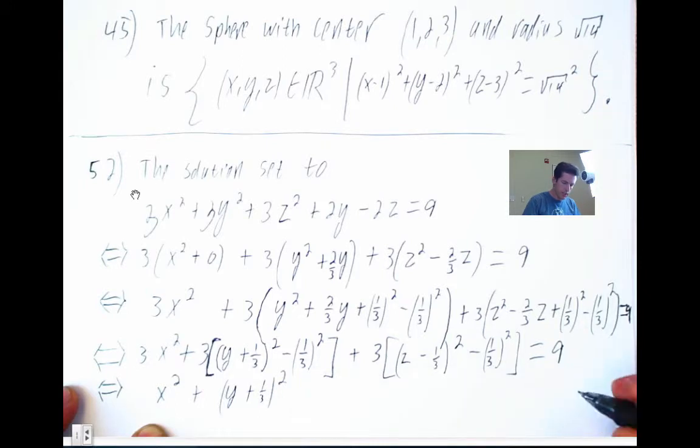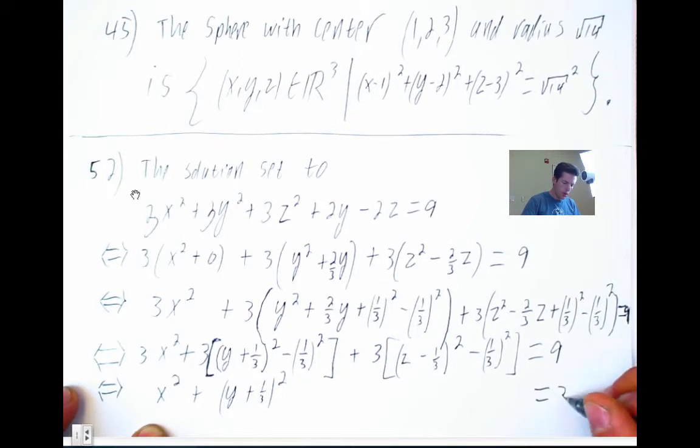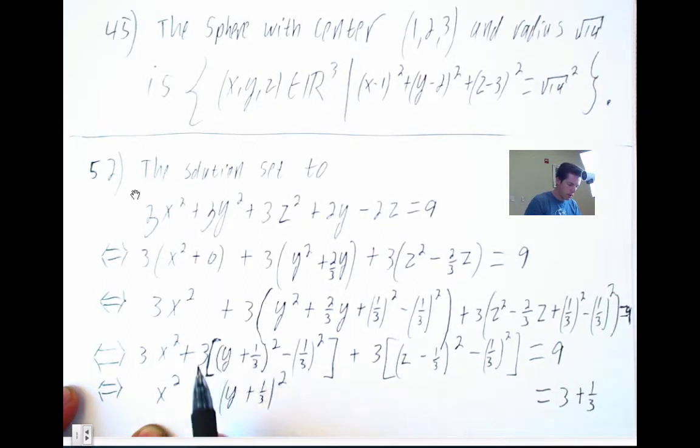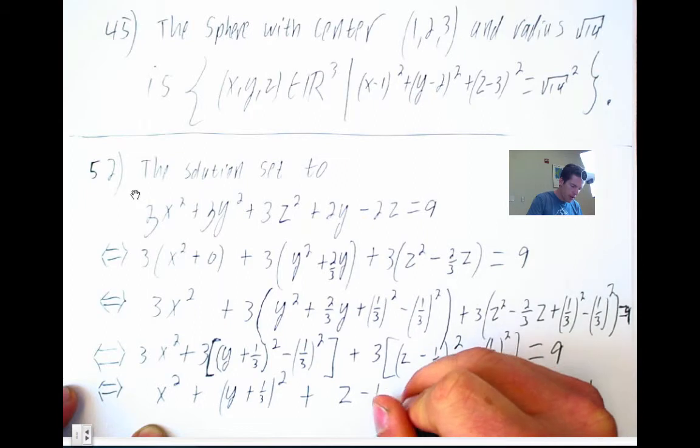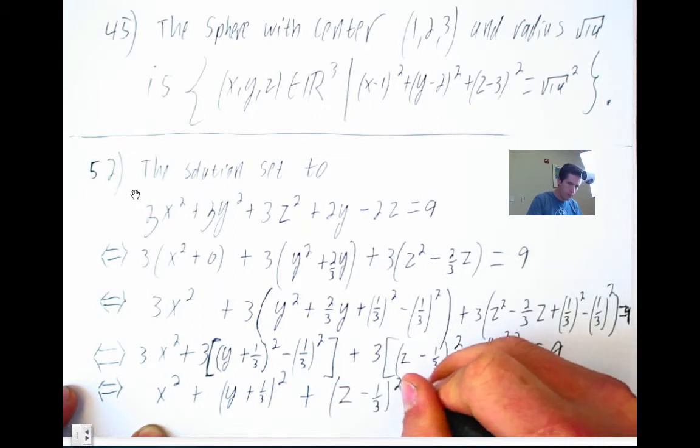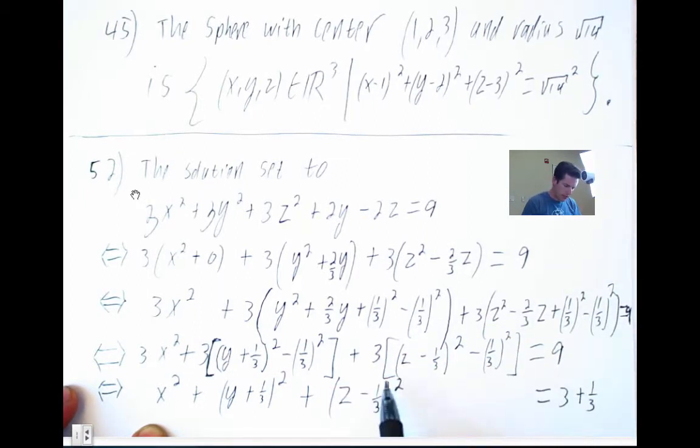I just put that on the other side. Once I divide 9 by 3, I'll have 3, and I add to that 1/3. And I also have z minus 1/3 squared, and then minus 1/3 times 3.